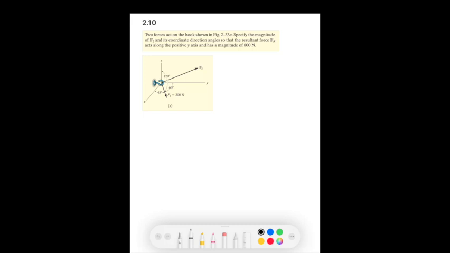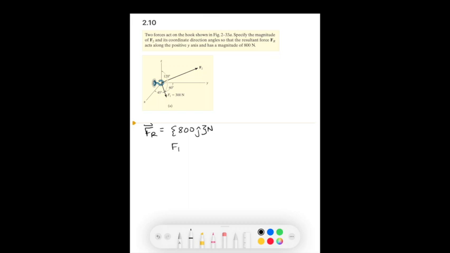Okay, in our fourth and final example, we see here that there are two forces acting, F1 and F2. And we're asked to find what the magnitude of F2 would be so that the resultant force, Fr, acts along the positive y-axis and has a magnitude of 800 newtons. So in other words, we know that Fr will be equal to 800 newtons in the y-axis, which we use the j hat for.